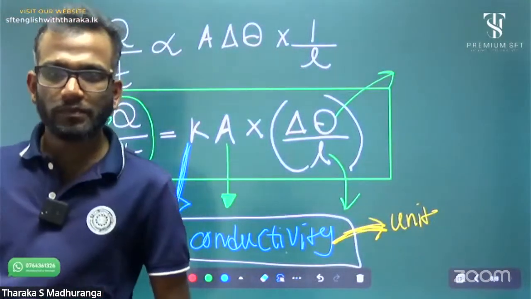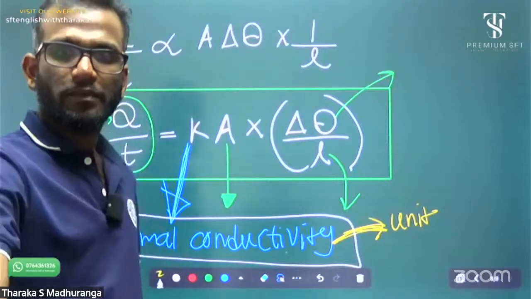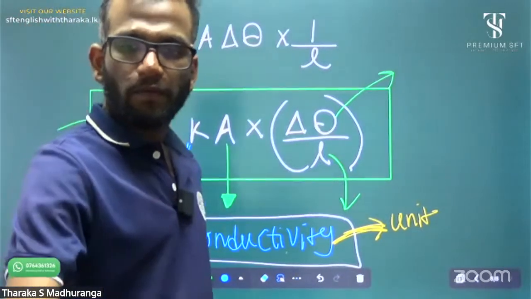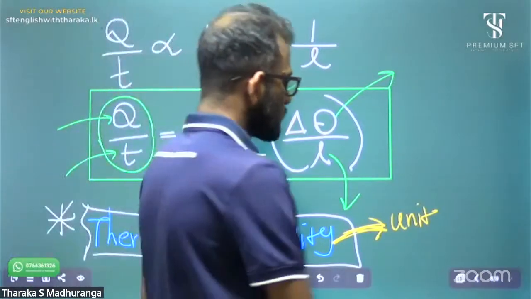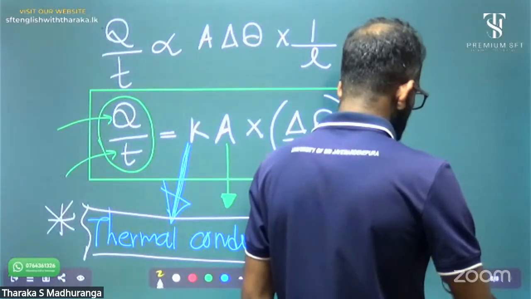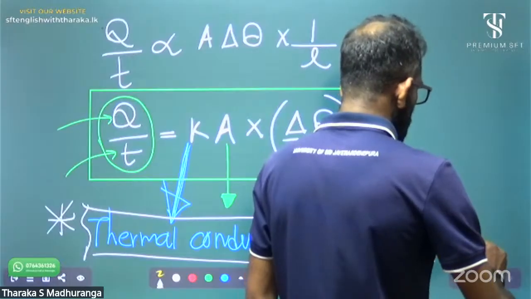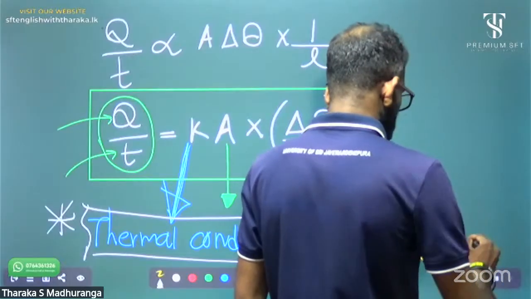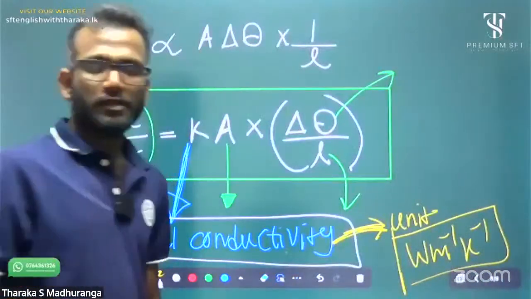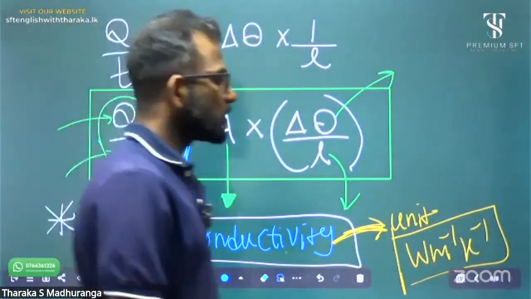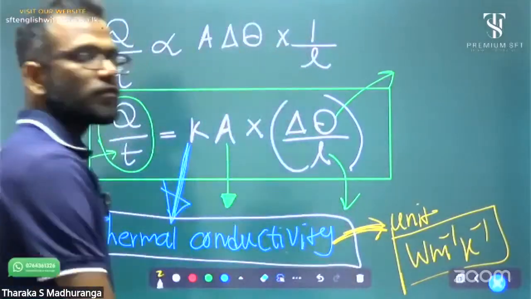Kabir? Fatima? Very good. Watt per meter per Kelvin. Okay, that's the end of the theory part.